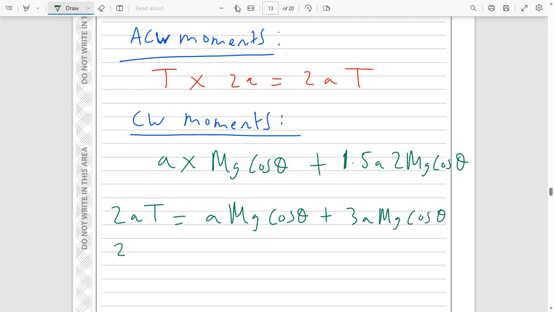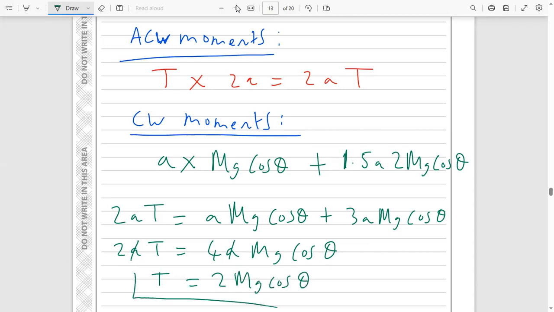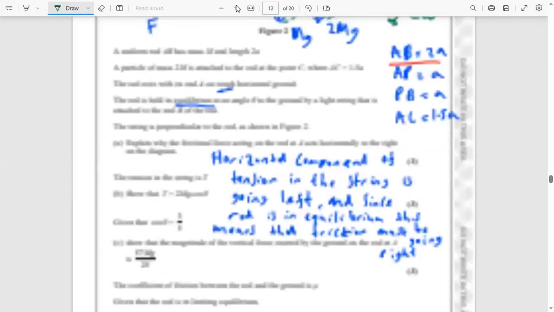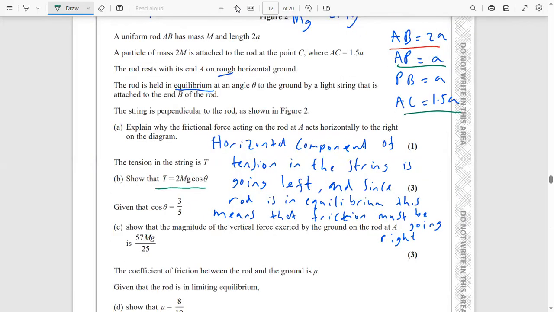So 2aT is equal to 1amg cos theta plus 3amg cos theta, that's going to be 4amg cos theta. We can cancel out the a there and the a there, divide both sides by 2. We get T is equal to 2mg cos theta, and that is exactly what the question required of us. So the question wanted to show that T was equal to that, so we just used moments to do that question.